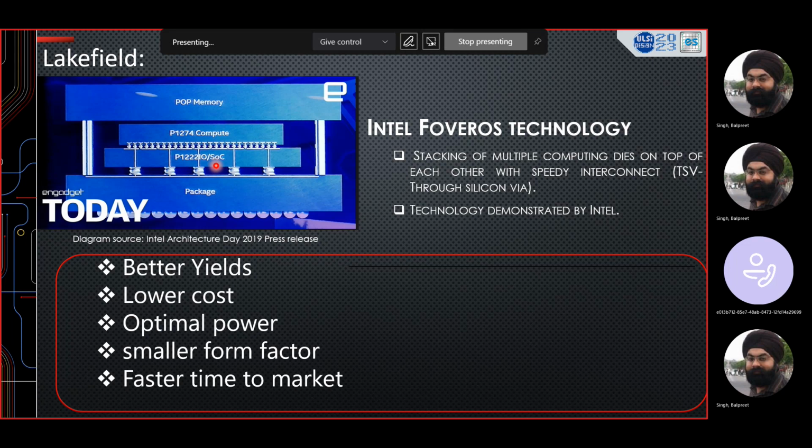Why is that? Because for a CPU you need the lower technology node, while for other miscellaneous activity you don't need that. So you can do cost optimization, and not just cost. The moment you go to the advanced technology node, you pay extra leakage; at the higher technology node, your leakage is lower.